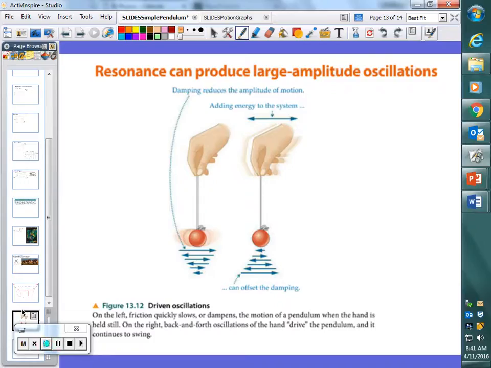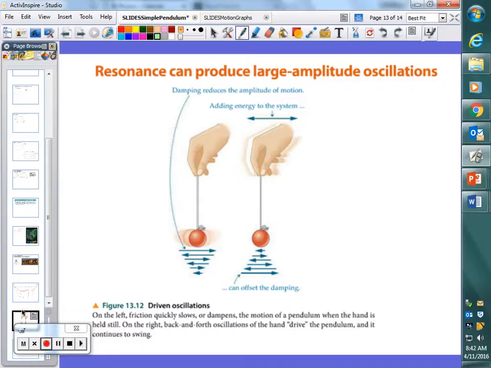has decreased. Now, one thing that doesn't change, and I wanted to make this point before, is the period. As this thing is swinging back and forth, even though it's only swinging a couple inches or whatever, the period, the amount of time that it takes to go back and forth, remains exactly the same, because the amplitude doesn't affect the period.